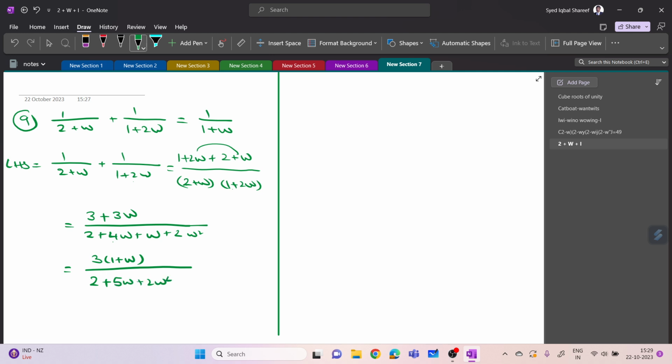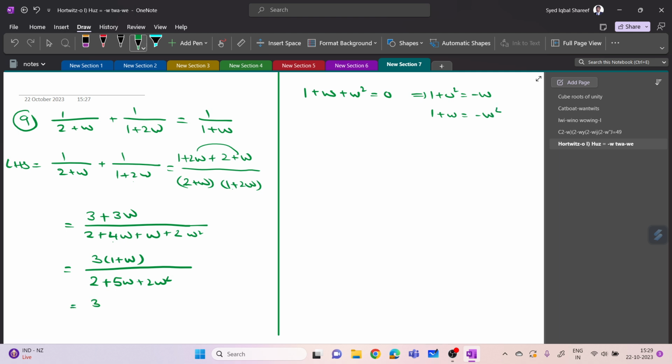You see, we know 1 plus omega plus omega square equal to 0. So which means 1 plus omega square equal to minus omega, and 1 plus omega equal to minus omega square.